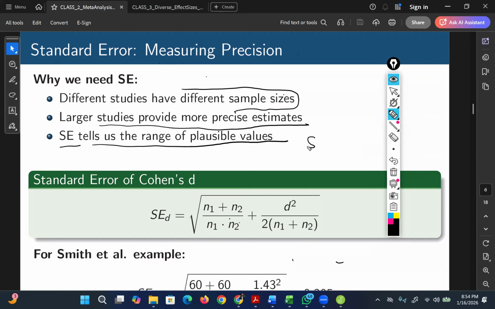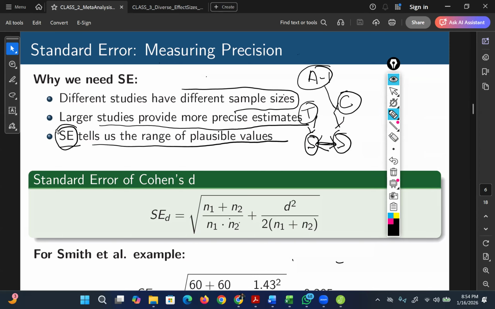So for sample size differences between two groups, let's say in study 1, article 1, there are two samples: one is the treatment group sample, the other is the control group sample. How these samples differ from each other is measured by the standard error.